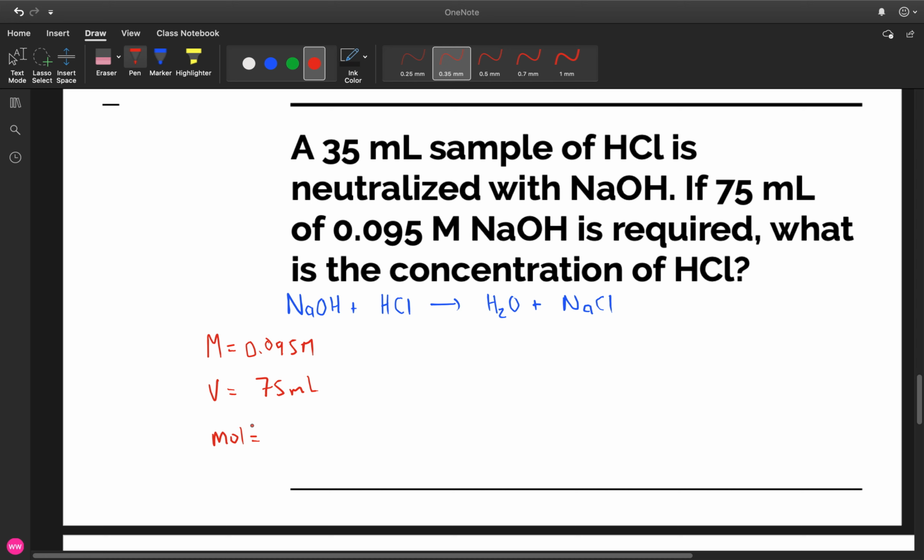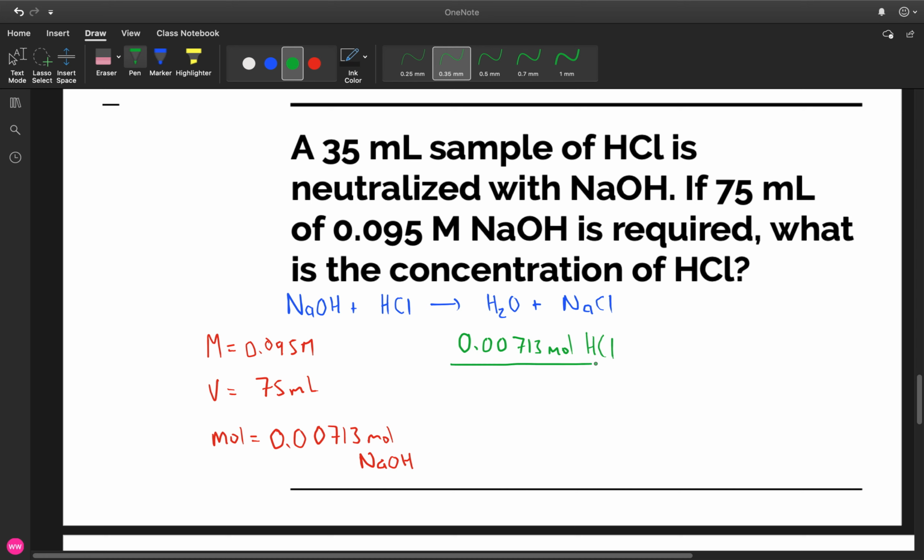But hopefully you get 0.00713 moles of NaOH. Now, since HCl and NaOH are reacting in a 1-to-1 mole ratio, the moles of NaOH reacted is equal to the moles of HCl that was present. So that's 0.00713 mole HCl.